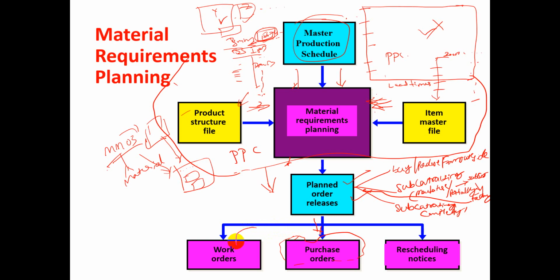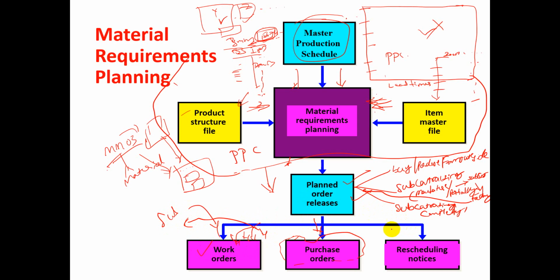Then it goes to work orders. With work orders, you receive the material for subcontracting, or you receive the material list for what you have to partially manufacture inside the factory, send for subcontracting and bring back to the factory. All these details will be mentioned in the work order.